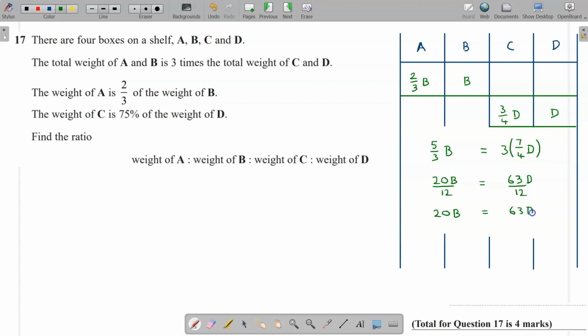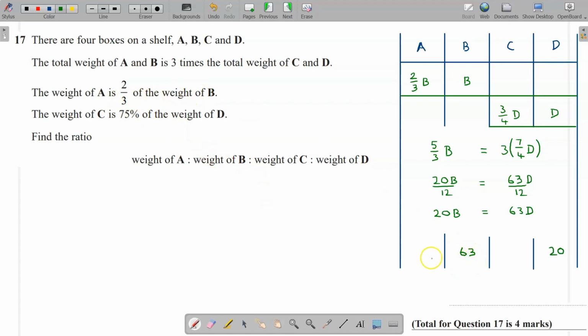Now, if you think about it, that means that b to d is in the ratio 63 to 20. So I'm going under the b column now, and I'm putting 63. I'm going under the d column, and I'm putting 20. Now I'm going to use the fact that a is 2/3 of b.